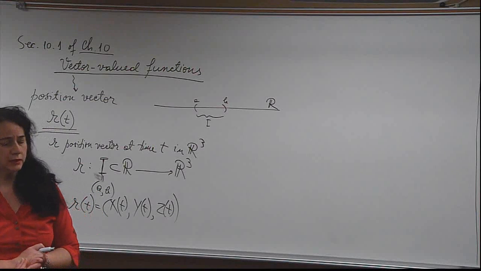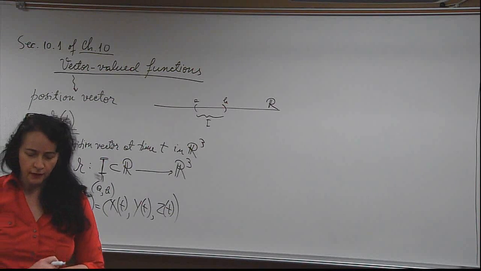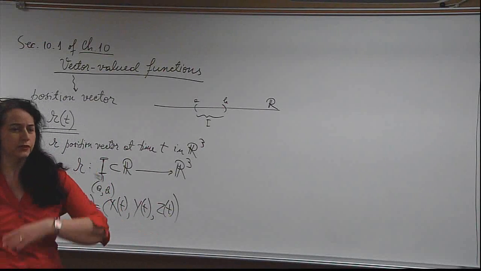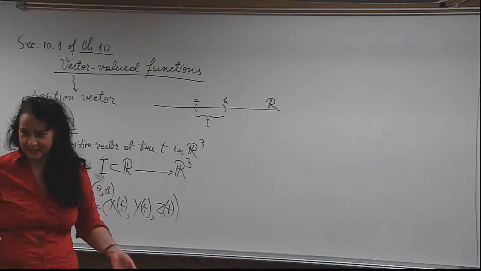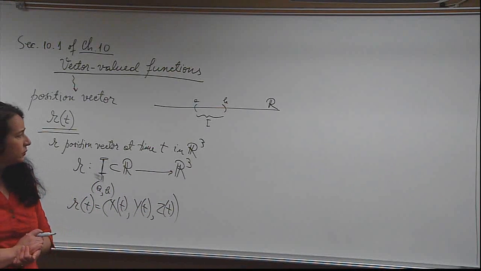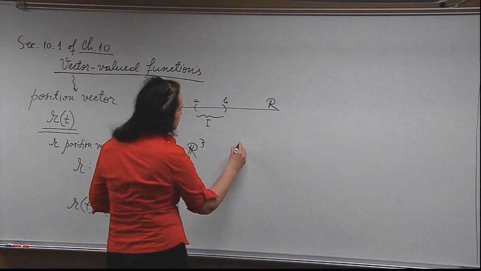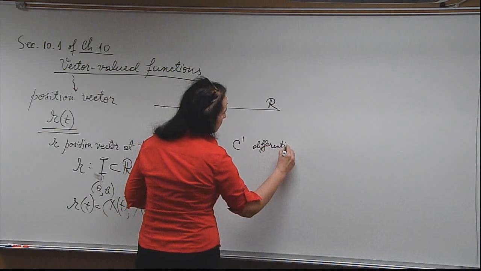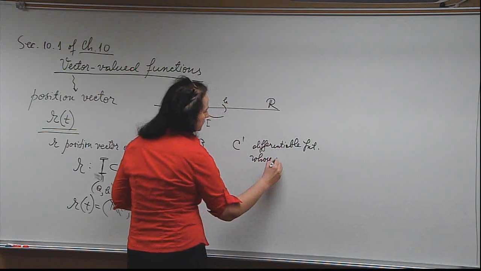Some mathematicians even assume that you have C infinity, which means you have a function that is infinitely many times differentiable. So you have first derivative, second derivative, third derivative, fifth derivative, somebody stop me. All the derivatives exist and they are all continuous. By smooth, I will assume C1 in this case. I know it's not accurate, but let's assume C1. What does it mean? A differentiable function whose derivative is continuous.